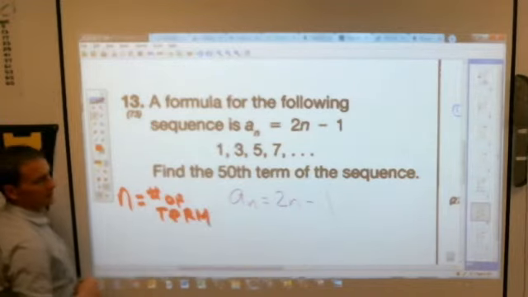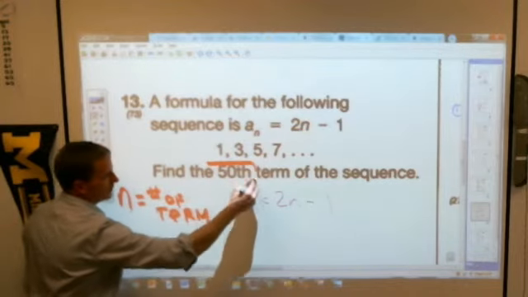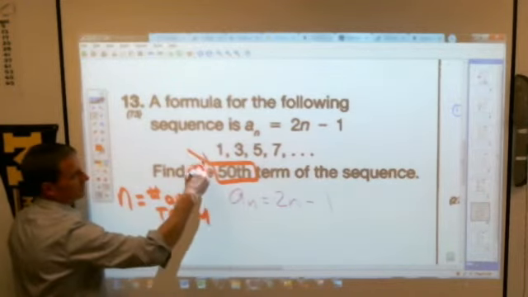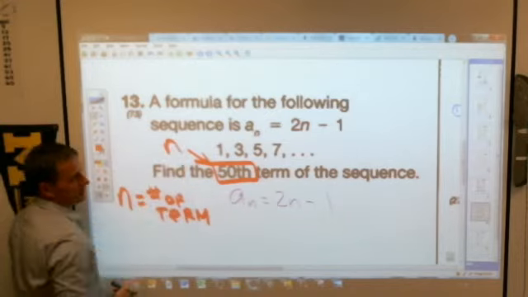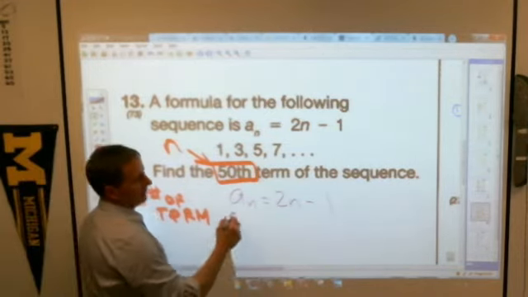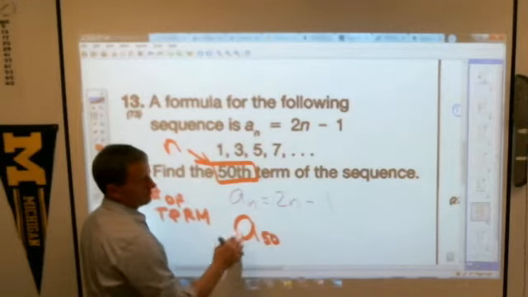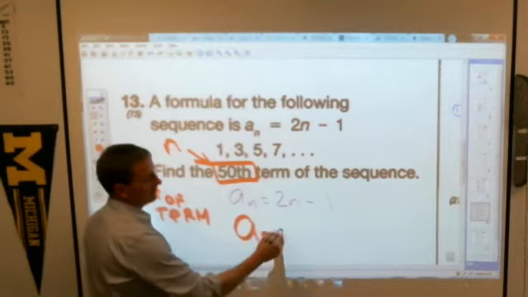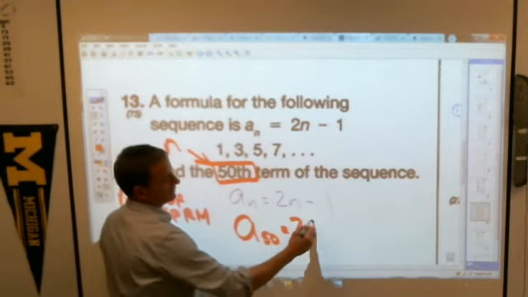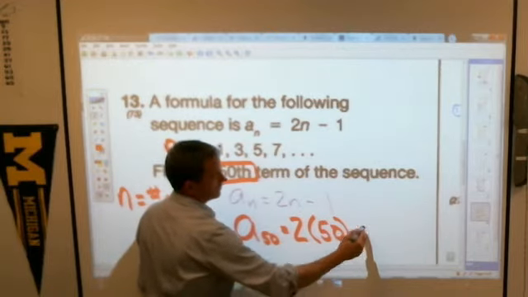In which case, they're asking you for what numbered term? This one. This is the letter n. You just put that in for the letter n and everybody's happy. A sub 50, which just means that's a label, it's not a number. 2 times 50 minus 1.